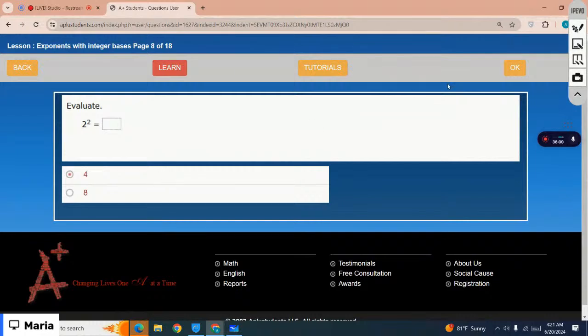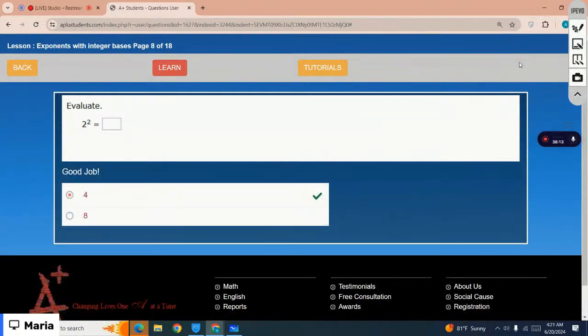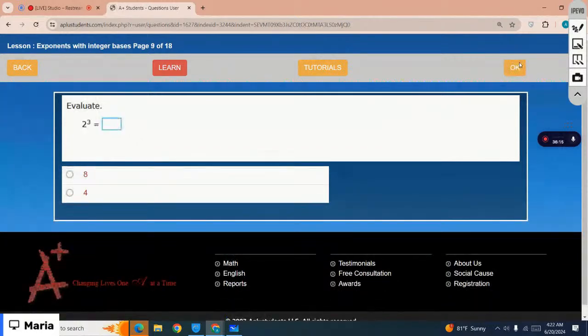The correct option is 4. 2 cube, which is the correct option?